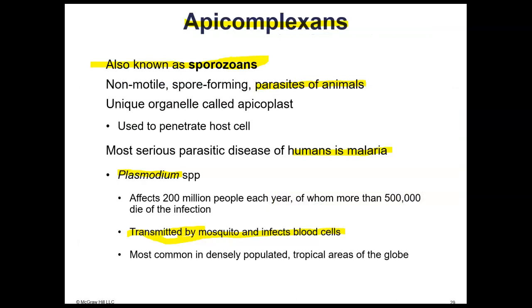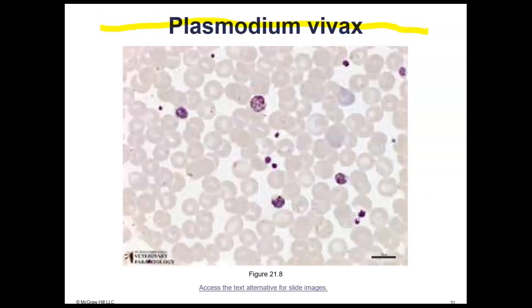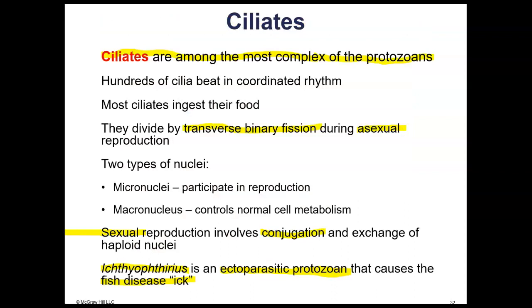And then we have the apicomplexans, which are the second group of alveolates in the Chromalveolata. And our example is the Plasmodium species, which causes malaria. Part of its life cycle is inside of a mosquito and part of it is inside of human blood. And this is what it would look like under the light microscope.